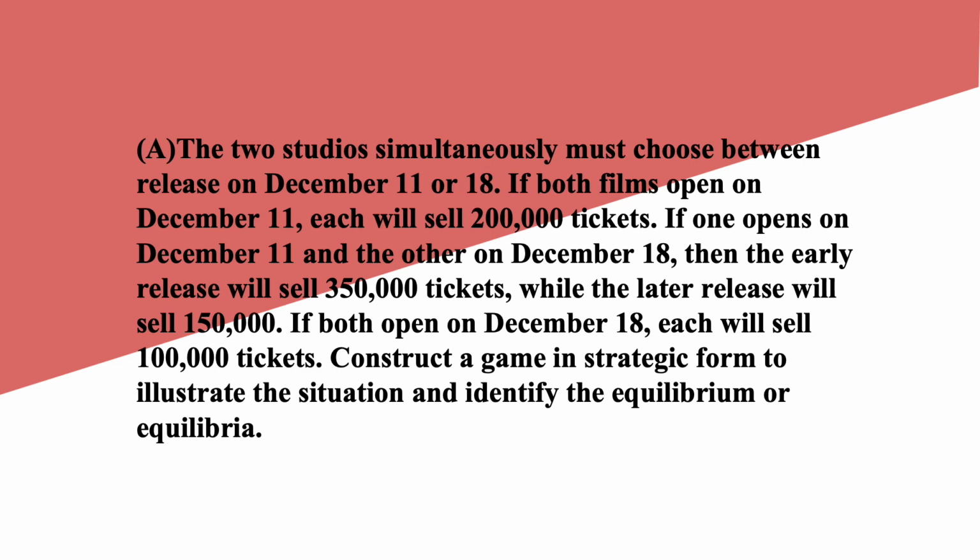If both films open on December 11th, each will sell 200,000 tickets. If one opens on December 11th and the other on December 18th, then the early release will sell 350,000 tickets, while the later release will sell 150,000. If both open on December 18th, each will sell 100,000 tickets.